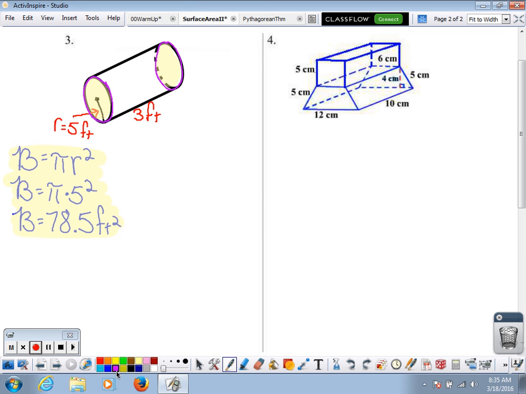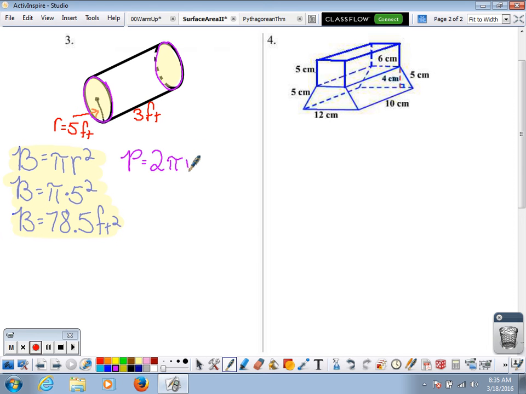We also need the perimeter of that base. Well, what do we call the perimeter of a circle? We have a special name for perimeter of a circle. What do we call that? Rachel? Circumference. We call that circumference. Okay, and what did we say at the beginning of this class was the formula for circumference of a circle? Very good.